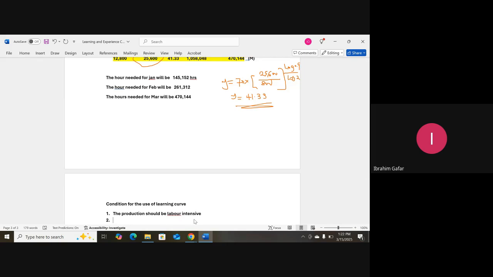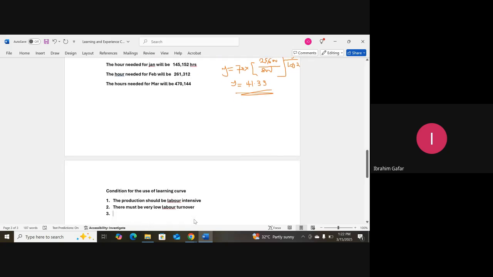Another thing that we can think of under the conditions for the use of the learning curve is that there must be very low labor turnover. Another thing is that operatives must be highly motivated.